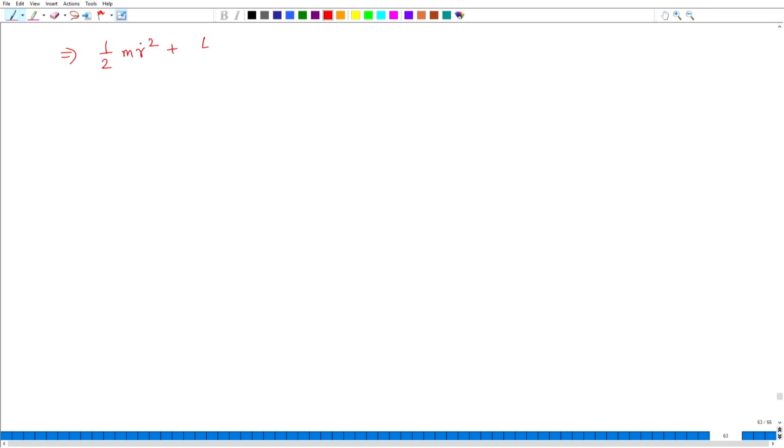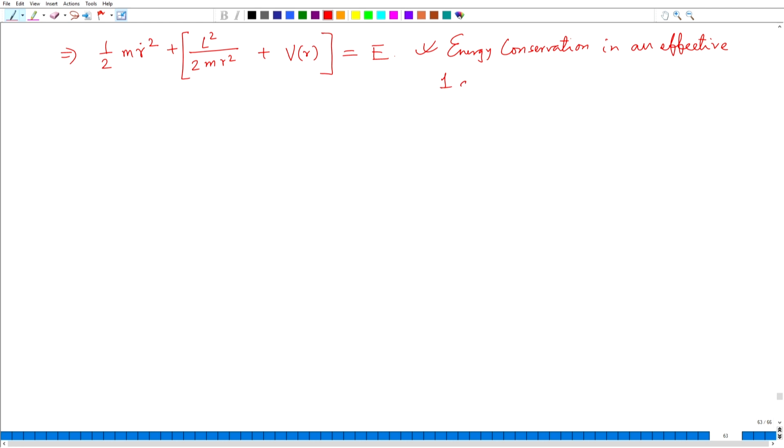So, I will actually have L square by 2 m r square plus V of r, which I again write like this, is equal to my E, the total energy. Now, you see, you can write the whole thing as the energy conservation in an effective 1D motion.